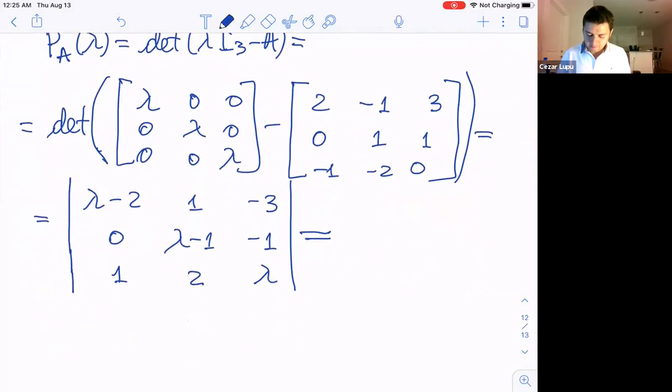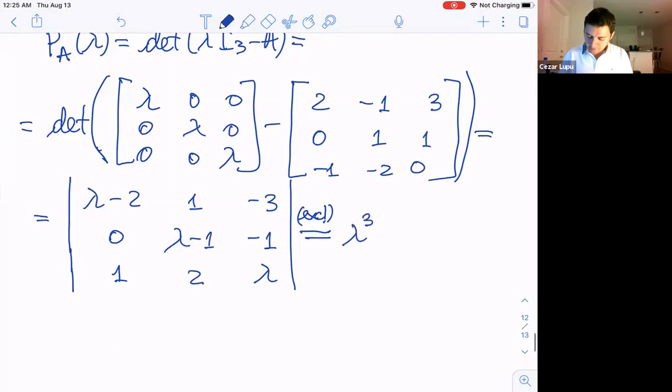So this is for you to convince yourselves, like an exercise. According to my computations, this will be lambda cubed minus 3 lambda squared plus 7 lambda minus 8. Okay, so this is the characteristic polynomial.